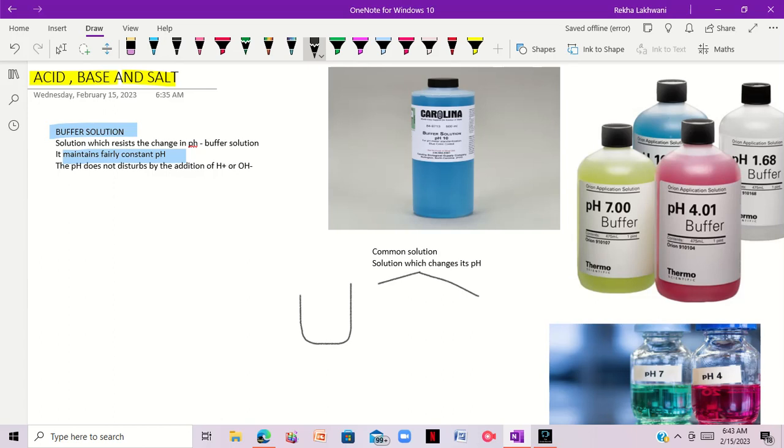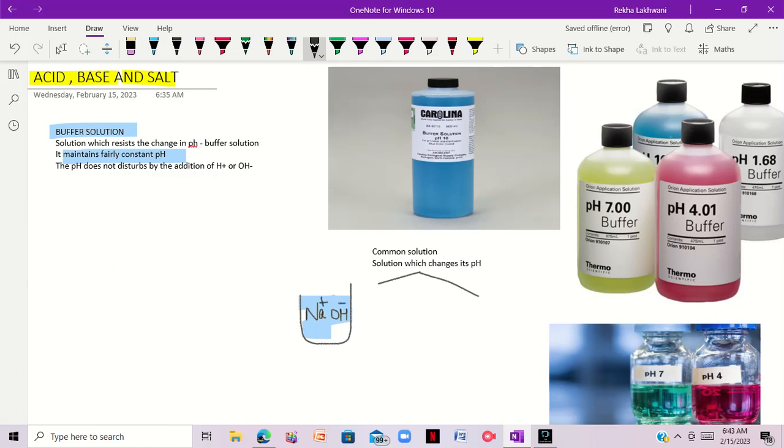So here I have added sodium hydroxide and it dissociates in the presence of water. Right over here, let me add some water, and this is my water, and it will obviously dissociate into sodium positive and OH negative.